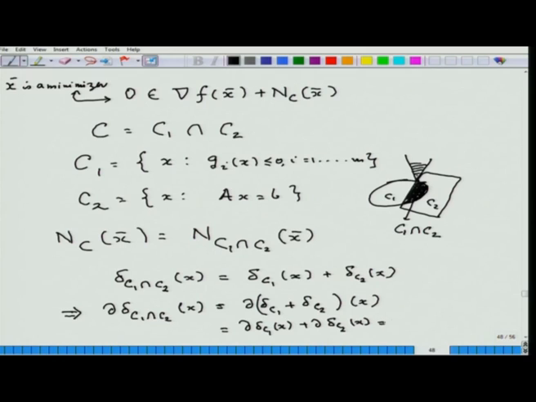and this is nothing but the normal cone to. See how the calculus rule for the subdifferential gives you a calculus rule for the normal cone, and that is the beauty, the link between the geometry and the analysis.